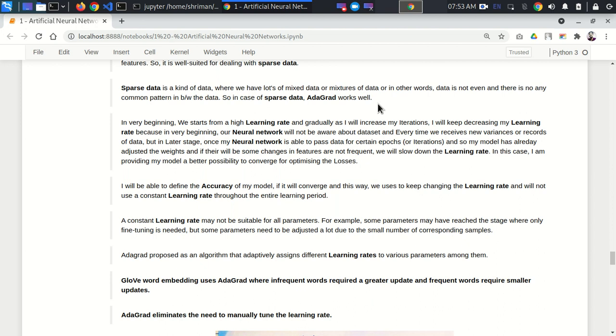Now they are saying that I will be able to define the accuracy of my model if it converges, and in this way we keep changing the learning rate and do not use a constant learning rate throughout the entire learning period. In all of the earlier optimizers we just used a constant learning rate, but in this optimizer we are not going to use a constant learning rate.